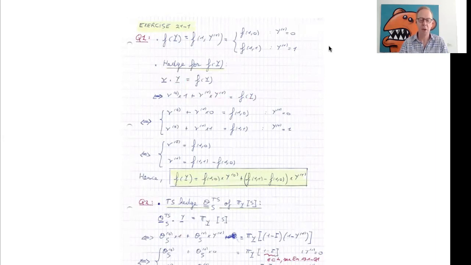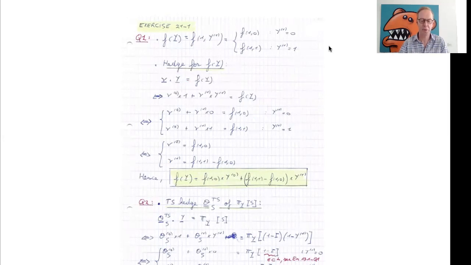We look at this equation for the different possible outcomes of the random component Y1. So Y1 can be 0 or 1. If Y1 is 0, we have this expression. If Y1 is 1, we have this expression.